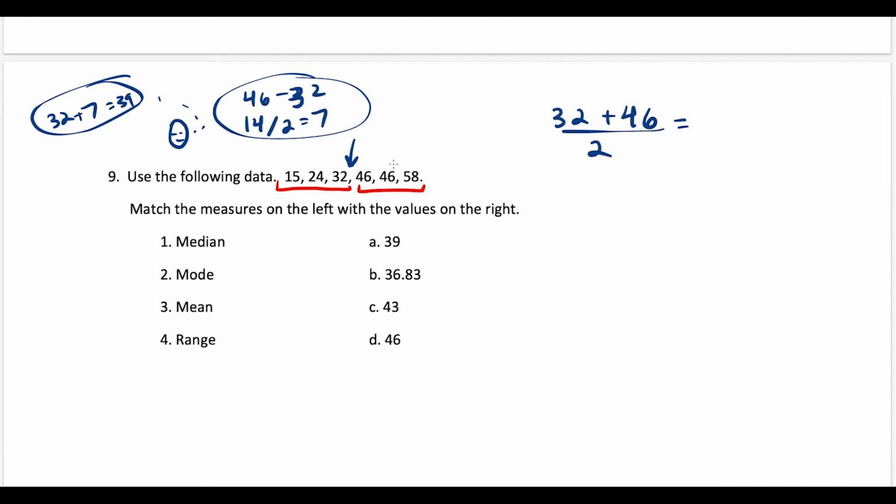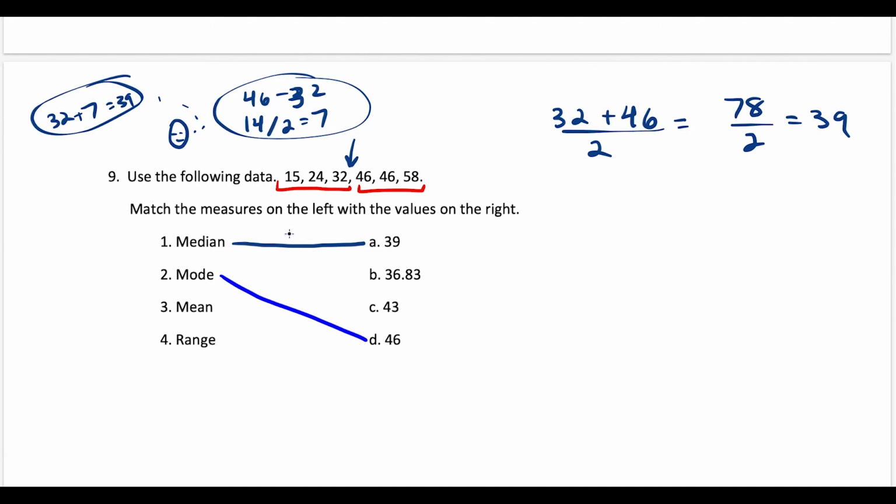Otherwise, we just take the average of those two: 32 plus 46 is 78, divided by 2 is 39. So the median should be 39, and check out here that this matches right up with A. Now mode is the one that appears the most. So the one that shows up the most is 46. So that's our mode, and that's going to match up here with D.